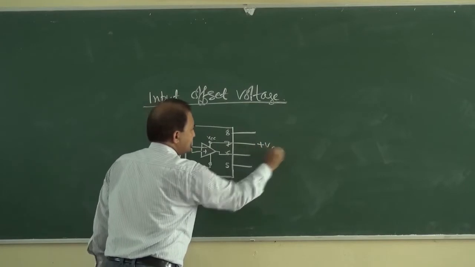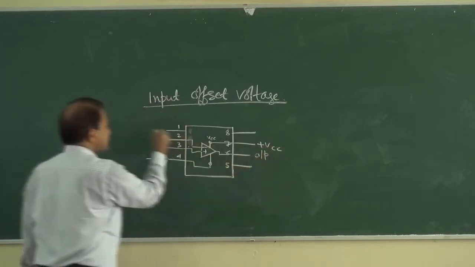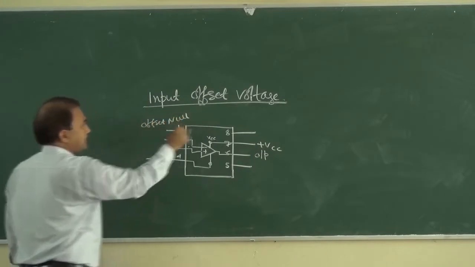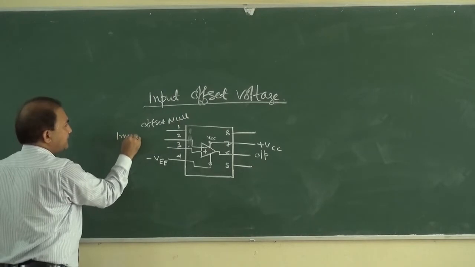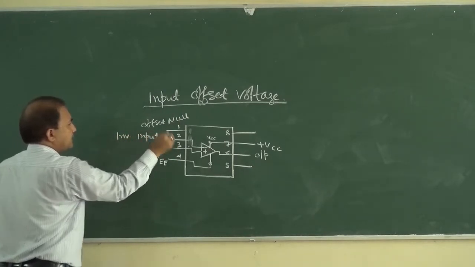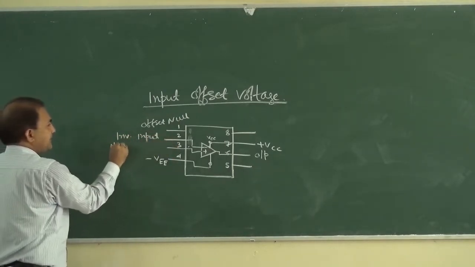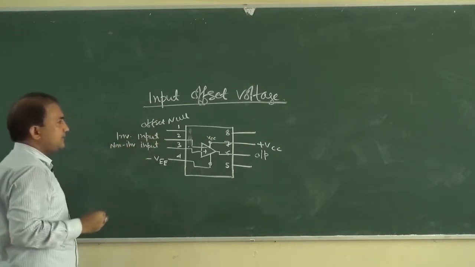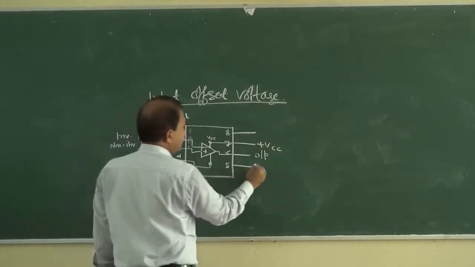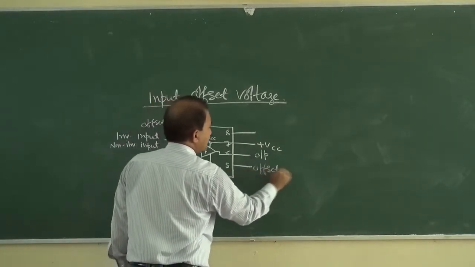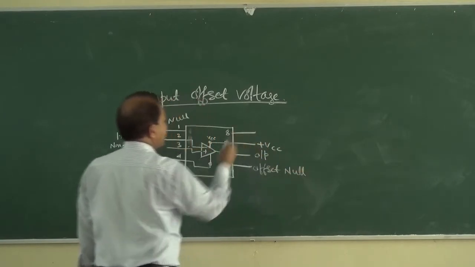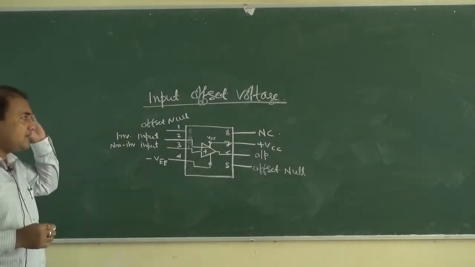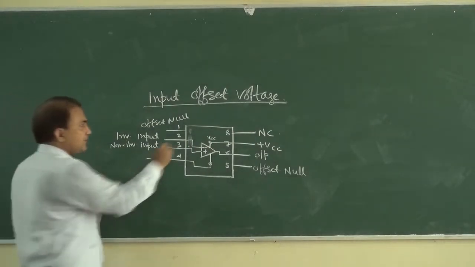This is output, this is offset null. Okay, and this is inverting input. Pin number 3 is non-inverting input. Okay, and pin number 5 again is offset null. And pin number 8 is not connected. Okay, so this is the pin diagram of IC 741.